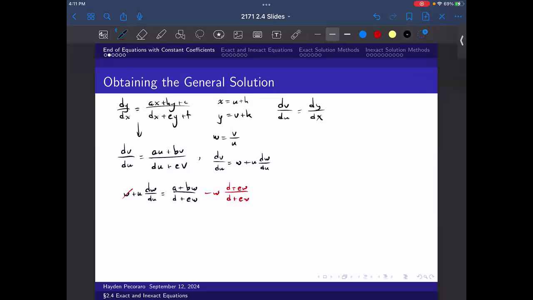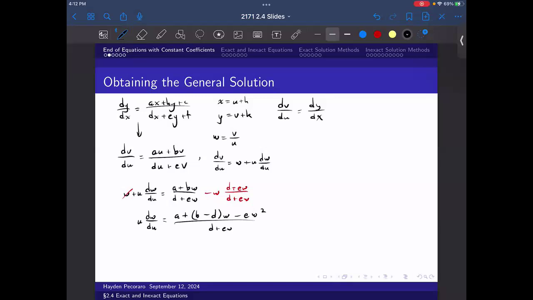And if we add those together, we get dw/du equals a plus b minus d w minus e w squared, divided by d plus e w.